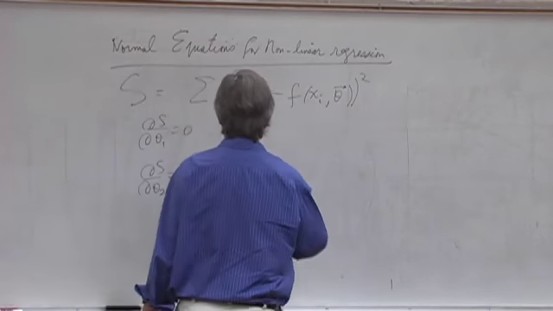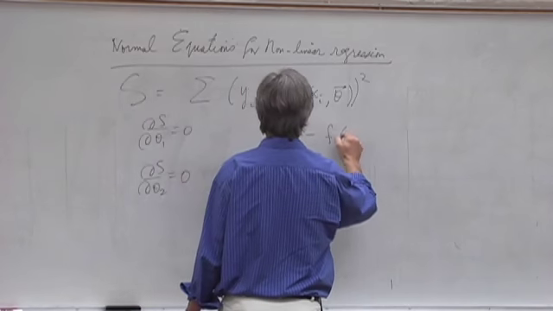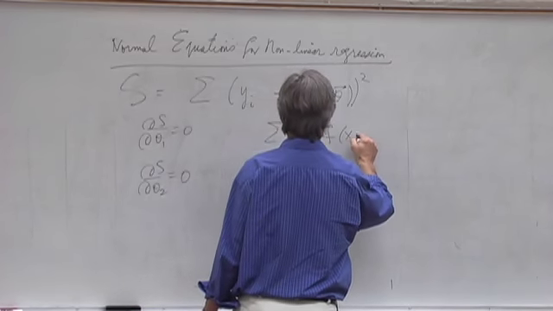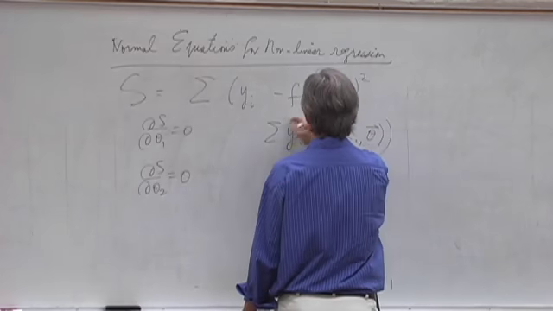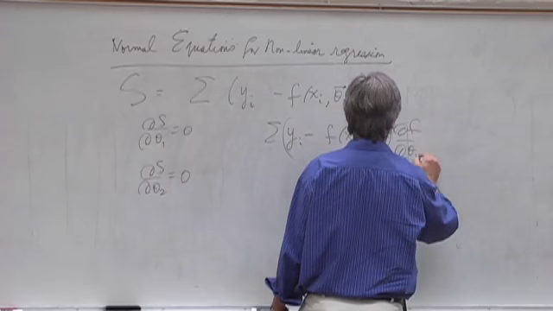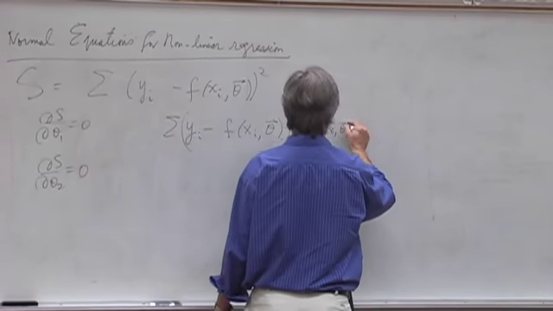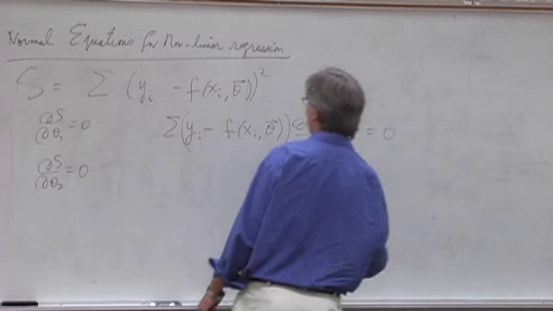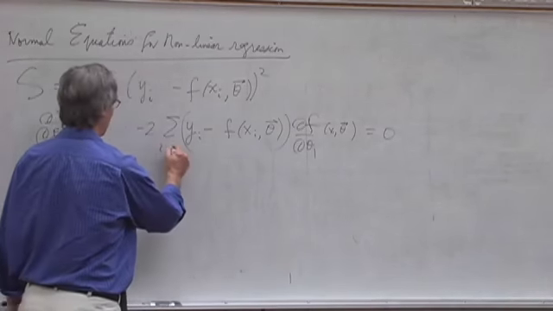And what do you get? You get summation of y minus f of x i and theta, times the partial derivative with respect to theta 1 at x and theta, equal to 0. There's a factor of 2 and a minus sign. I goes from 1 to n.